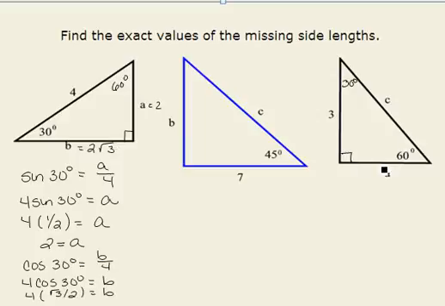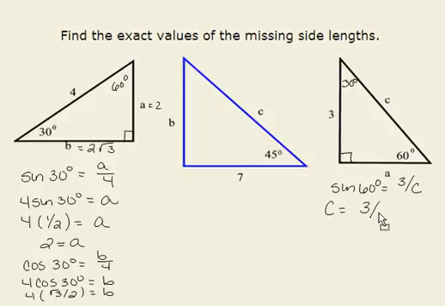In our other 30, 60, 90 triangle, we can do the same thing. We can recognize using 60 degrees that the sine of 60 degrees is equal to the opposite over the hypotenuse, giving us C is equal to 3 divided by the sine of 60 degrees.